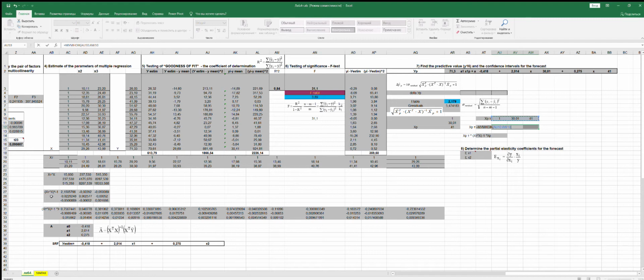So this is our matrix. We need to use this array formula with Ctrl Shift Enter again.